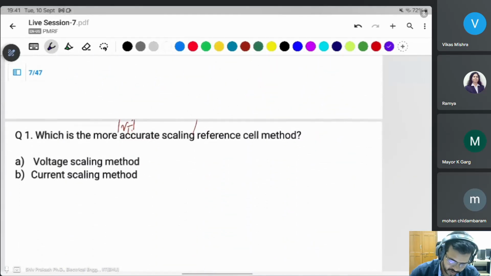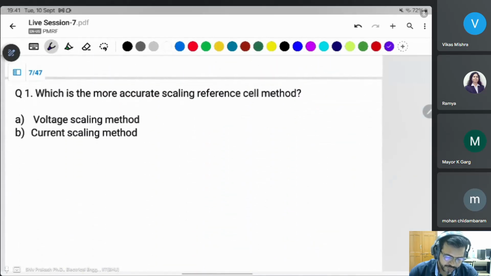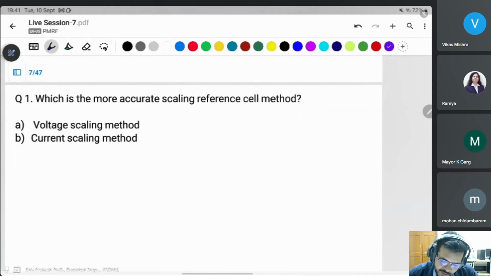Let's start the questions for today. Which is the more accurate scaling reference cell method: the voltage scaling method or the current scaling method?